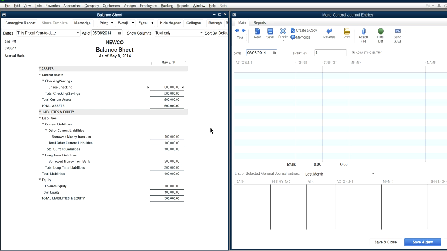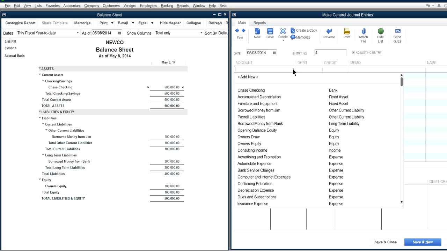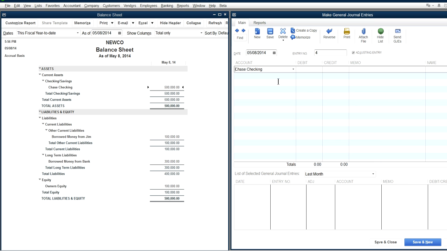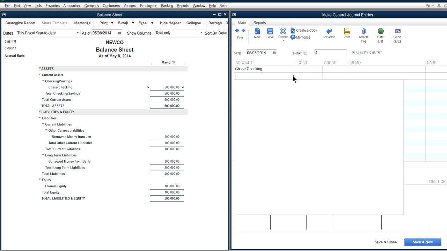Let's say you want to buy some equipment to run this business. Okay, so you have to use your bank account to pay for this. So in this case now you're buying some equipment and it's your fixed assets.